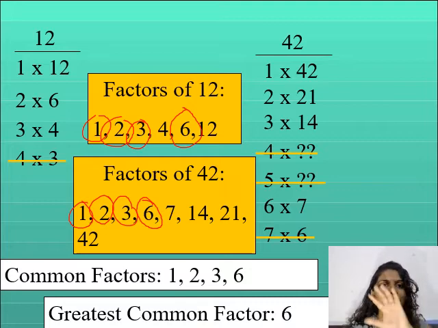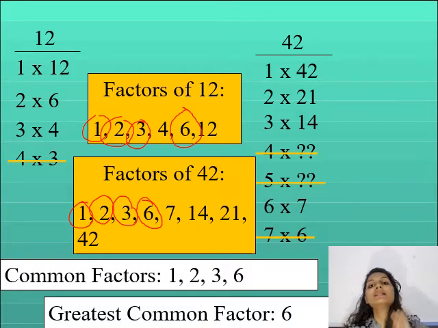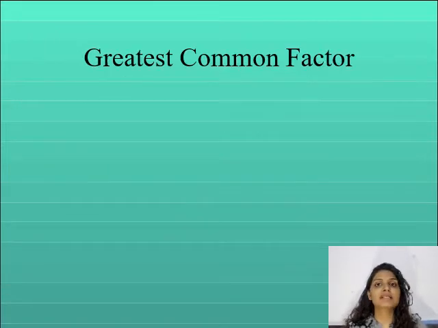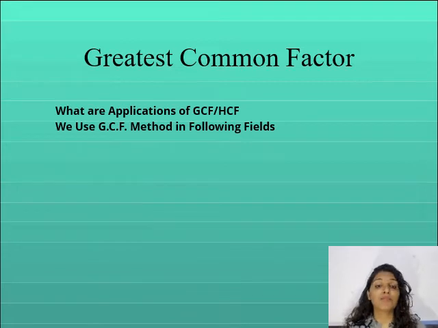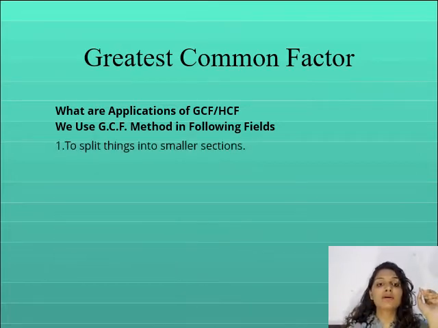I hope all the steps involved in this example were clear to all. Let's come to the next. Greatest common factor. Now, why do we need this? Where do we apply this concept in our daily life? We apply this in many fields. First is when you want to split things into smaller sections.